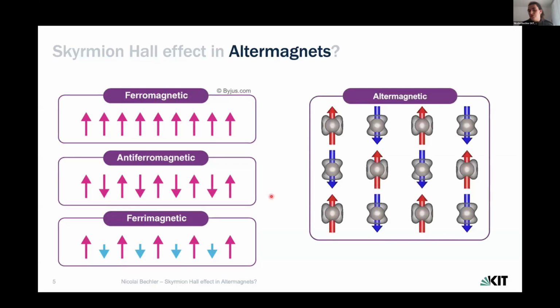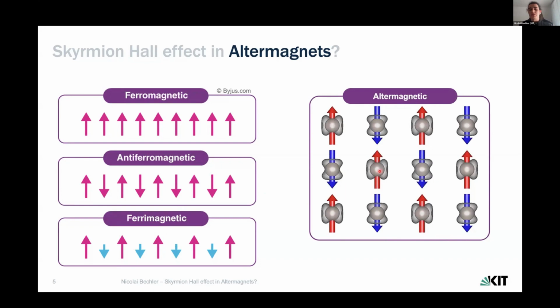And now the new cool guy is an altermagnet, which at first glance looks very similar to an antiferromagnet. But now the sublattices are not just connected by some translation, but they are connected by rotations. And there are multiple symmetries that an altermagnet can have. We are focusing on a d-wave altermagnet.